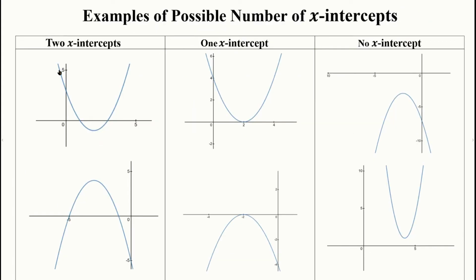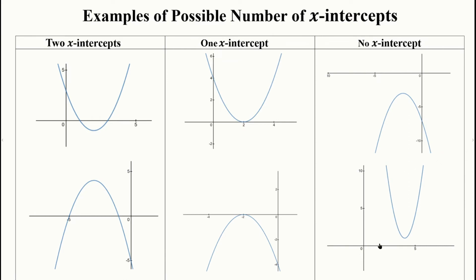So here's a visual. Here we have parabolas that have two x-intercepts. Notice they cross the x-axis twice. This one as well. Here we have one x-intercept. Notice in that case, the vertex falls on the x-axis itself. And here are a couple of parabolas, this one and this one, that are never going to cross the x-axis. Remember, these are two different coordinate systems, so don't say this is going to cross that x-axis.